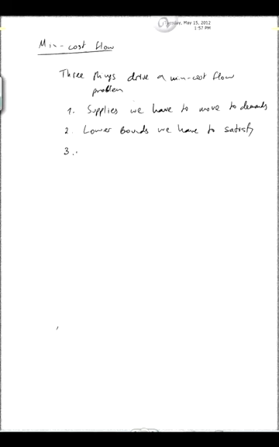And the third option of something to drive a min-cost flow problem is a negative cost that we want to take advantage of. So those are really the three things that drive min-cost flow problems, and we saw examples of each of these.